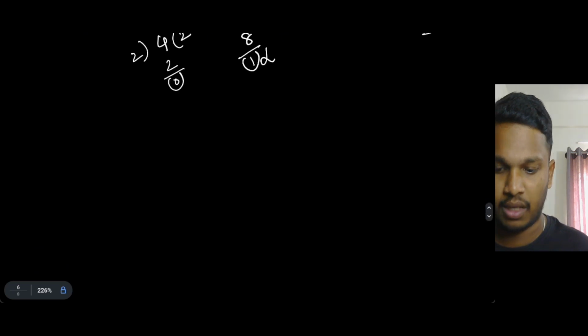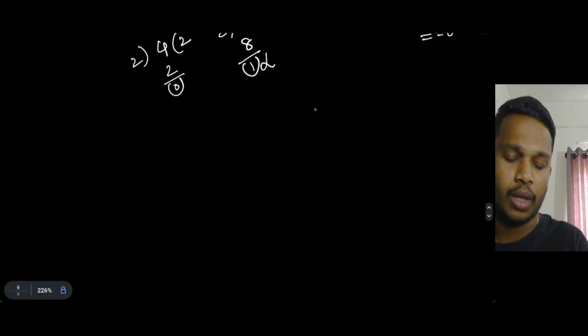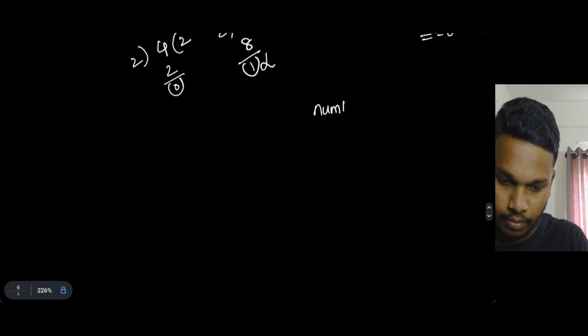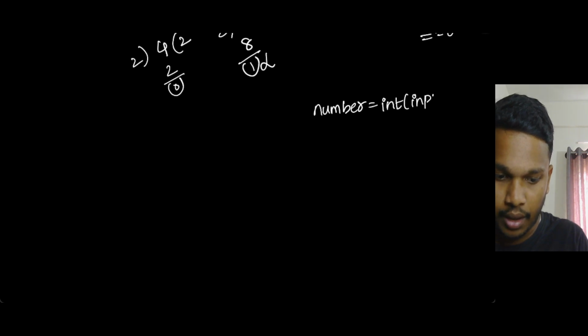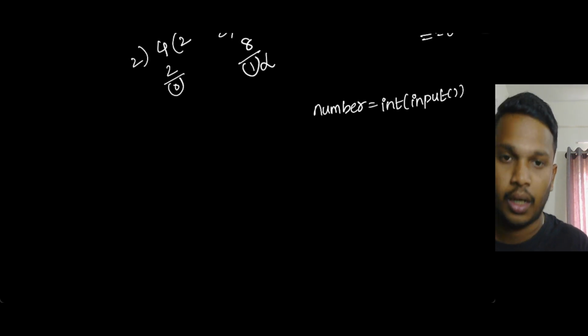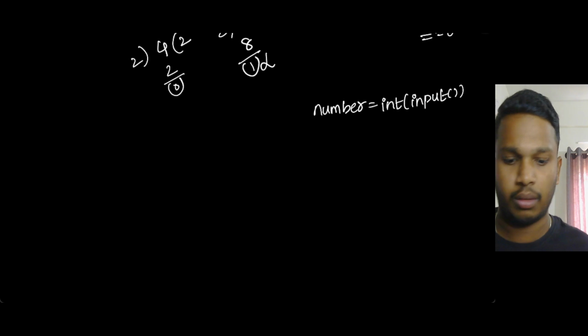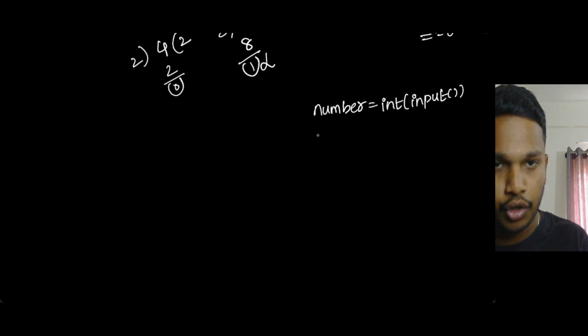If you write a Python program, we'll read a number. The number is an integer, so we use int of input, which gets the input as an integer. Next, we should process it. What process do we need to do?